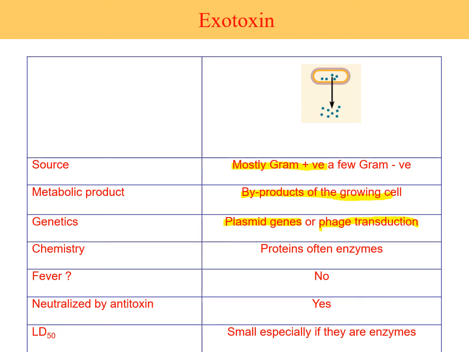These exotoxins are proteins which often have enzymatic activity, and characteristically they do not cause fever. They can be neutralized by antibodies against the toxin. Often the toxin is used in the vaccine in those cases, so they can be neutralized by antitoxin. The LD50 is very, very tiny, especially if they have enzymatic activity.